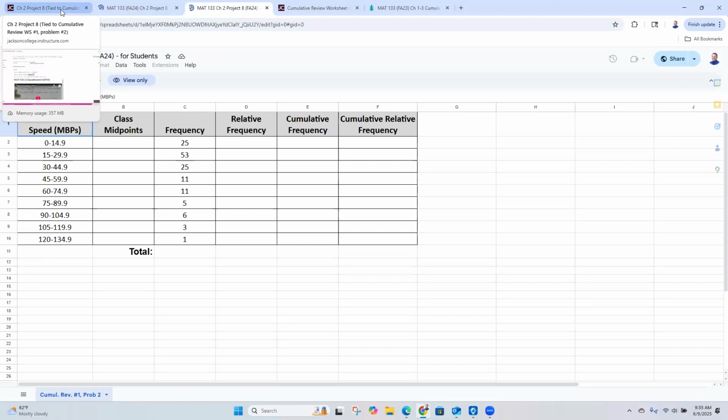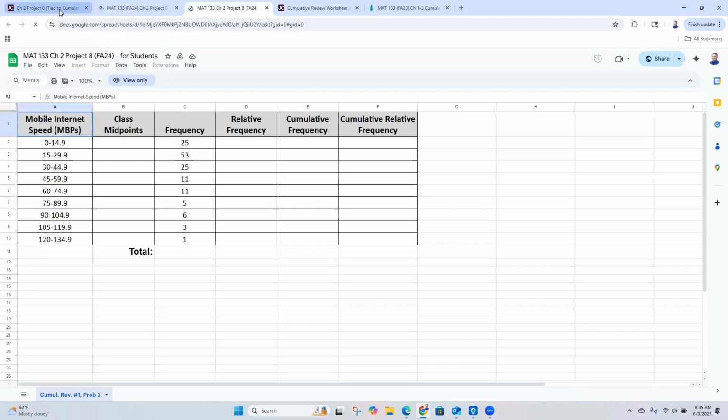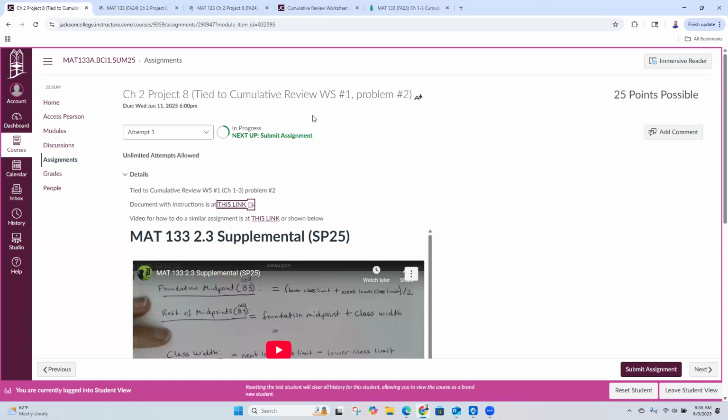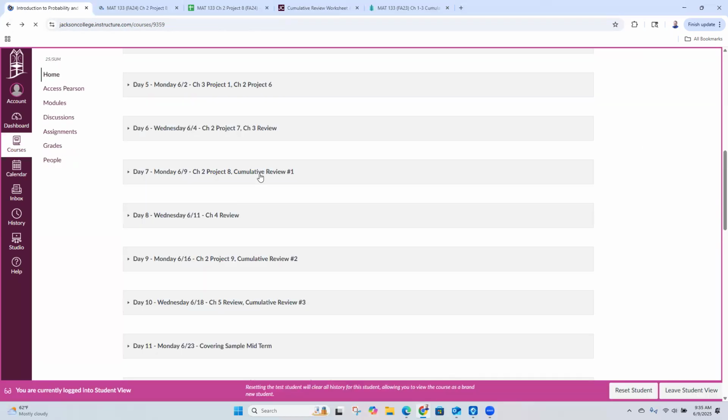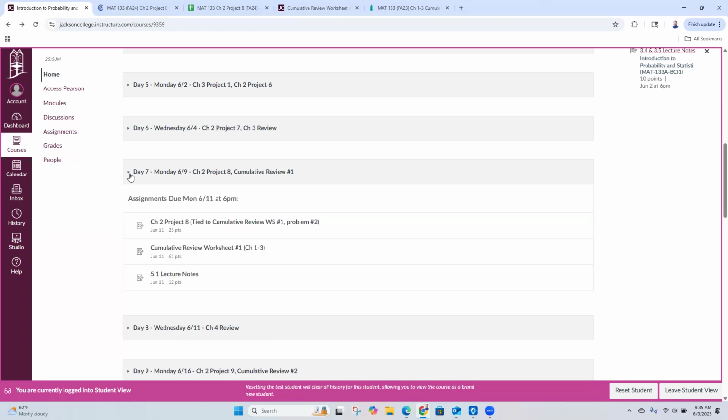I'm going to have you work on this together in our groups in a little bit. This is tied to the cumulative review, not cumulative frequency, cumulative review. So the cumulative review is actually what I want to start with. Cumulative review number 1, you'll find in your course pack on page 373.